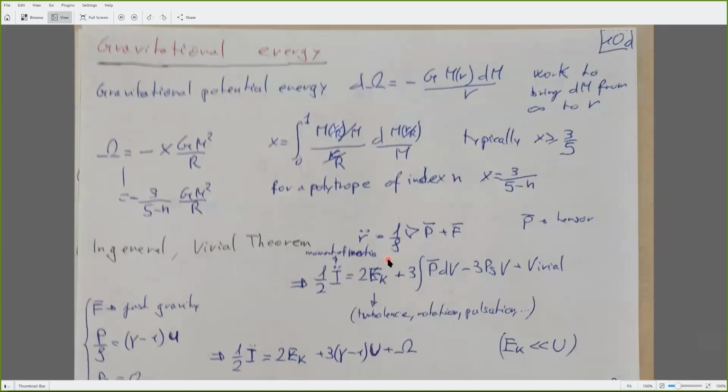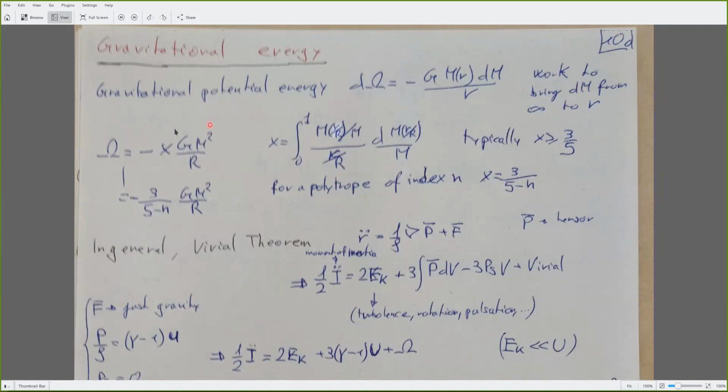And lastly, looking at the last part for the production of energy, that is the gravitational one. The star can essentially produce energy in two ways: one with nuclear reactions, and the other is contraction. Just a quick look: gravitational potential energy, by definition, is the work to bring mass from infinity to the radius we are considering.